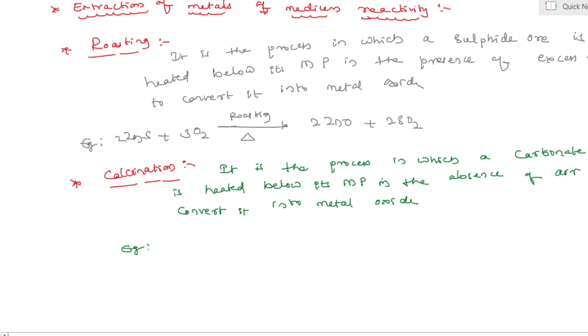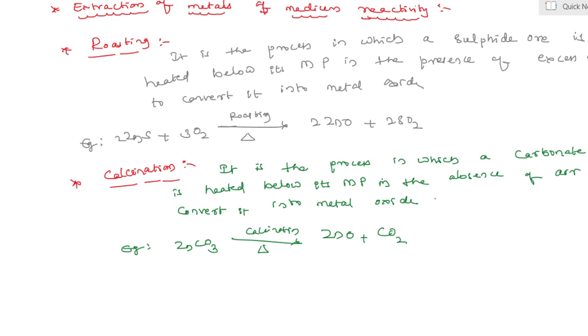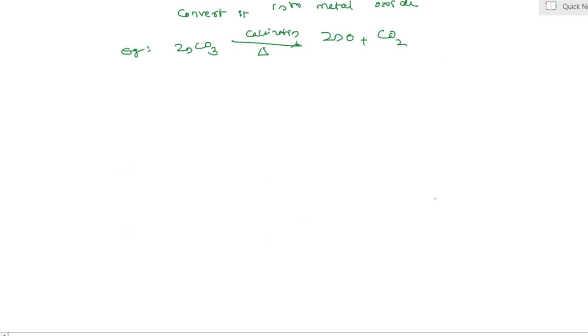As an example, zinc carbonate. Yes, the process of calcination. It can give rise to zinc oxide as well as carbon dioxide. Yes, my dear students, it means carbonate ore is heated below its melting point in absence of air and converted into metal oxide.